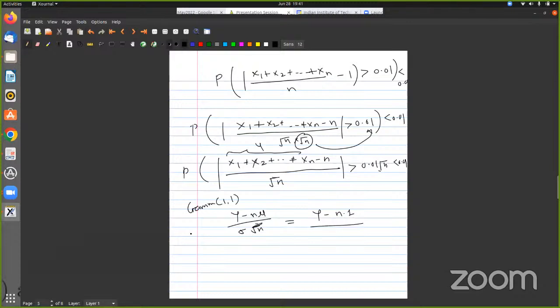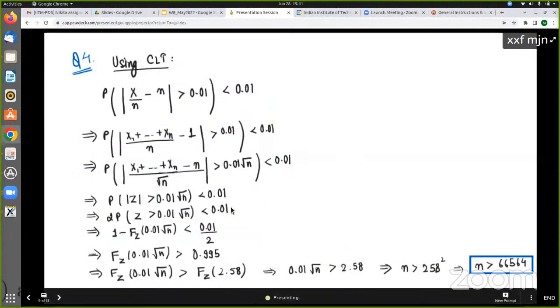Mu is 1 and sigma square is also 1, which ultimately becomes sigma equal to 1. So 1 into root n. So this will become y minus n divided by root n, and this is my z, the normal z. So this is mod z.